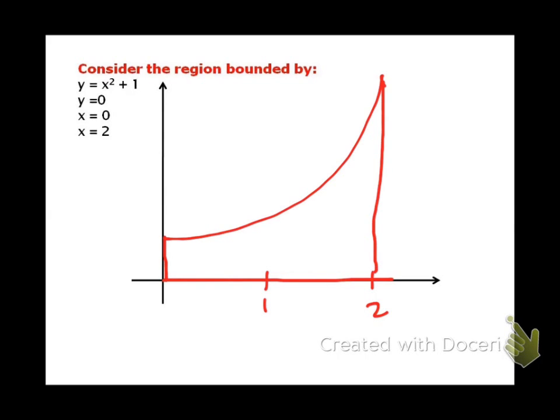We're going to do something called the left rectangular approximation, or LRAM, and we're going to use 4 subdivisions to break this down. Okay?